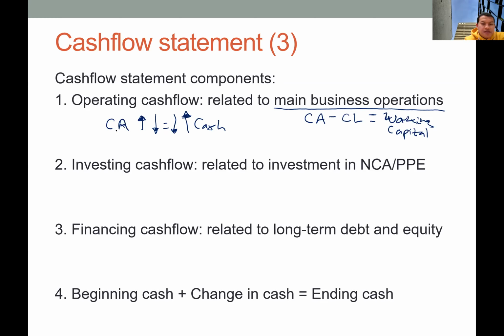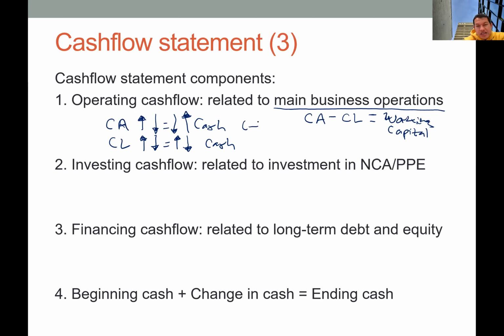Okay, what about current liabilities? If current liabilities increase, then the cash will also increase because the company gets additional cash by having more current liabilities. And if the current liabilities are decreasing, then the cash should be decreasing as well because the company used the cash to repay some of the current liabilities.